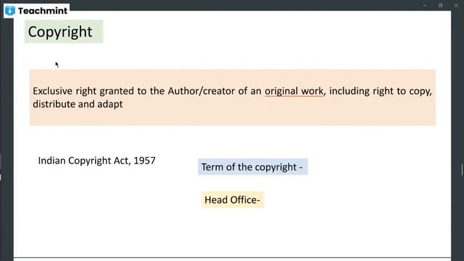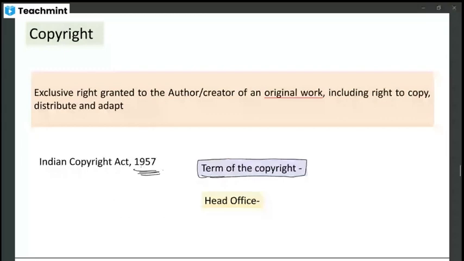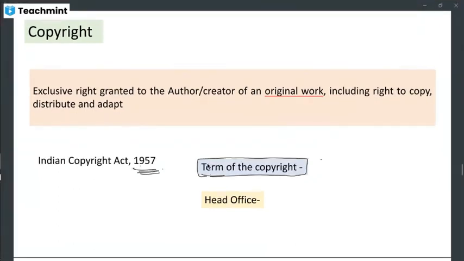Such a right is known as copyright. In India, copyright comes under the Indian Copyright Act 1957. So the year is important, 1957. And then the term of the copyright. Can anyone say what is the term of the copyright in India? In India, the term of the copyright is 60 years.